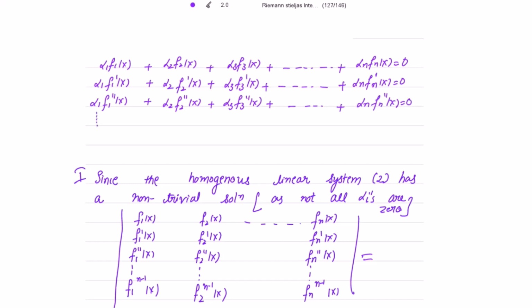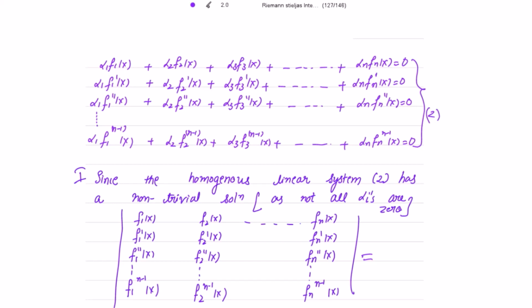Likewise, just go like this, and at the last taking the n minus 1th derivative, alpha 1 f1 n minus 1th derivative plus alpha 2 f2 n minus 1th derivative plus alpha 3 f3 n minus 1th derivative up to alpha n fn n minus 1th derivative is equal to 0. Let me consider this system of equations to be (2). These are nothing but a system of homogeneous equations, right?